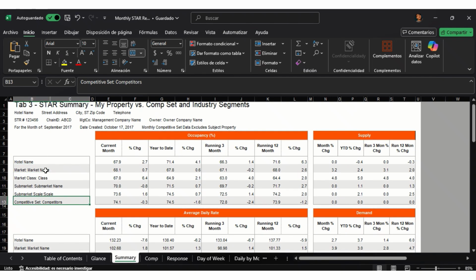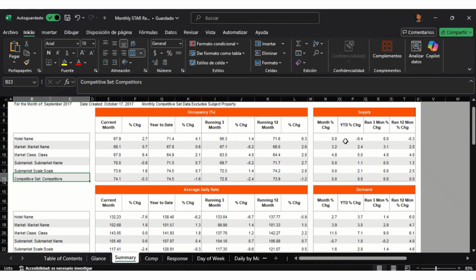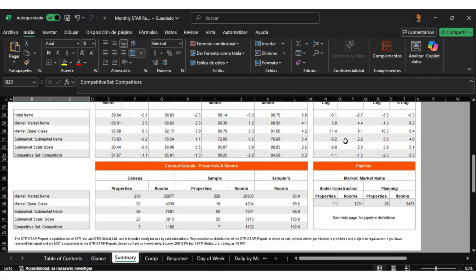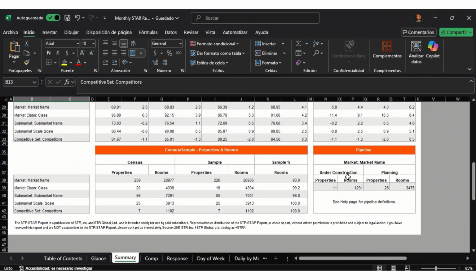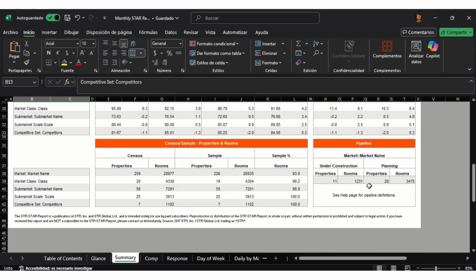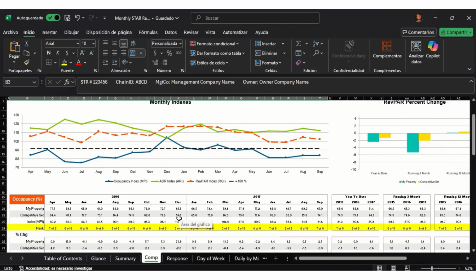Actually, here you are: market, market class, submarket scale, and competitive set. It also gives us the supply, the demand, the revenue, and the pipeline. This one is for the future hotels that will be in the area or could be relevant in the market.